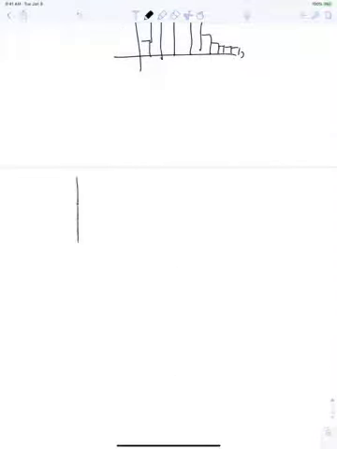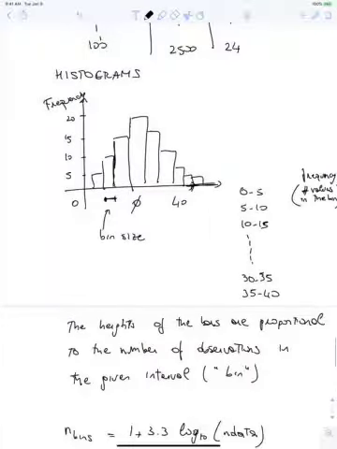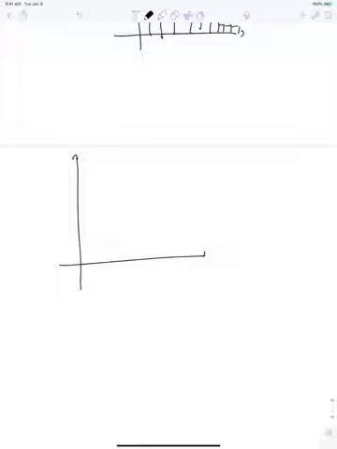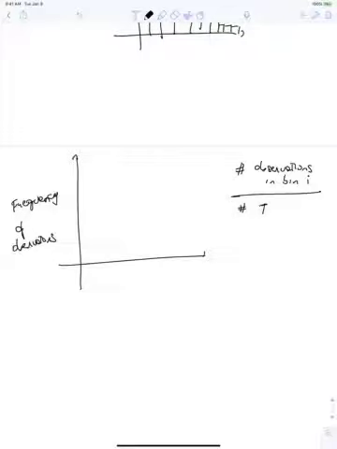Now, sometimes you would like to get the frequency of the observations rather than the number of observations. So this is the number of observations. So if I want to have the frequency of the observations, what I can do is simply take the number of observations in the bins divided by the total number of observations.